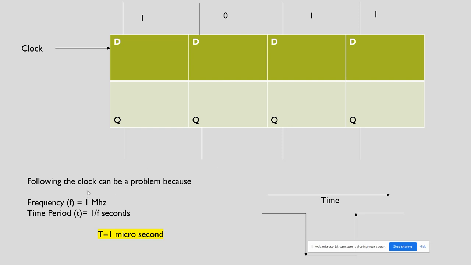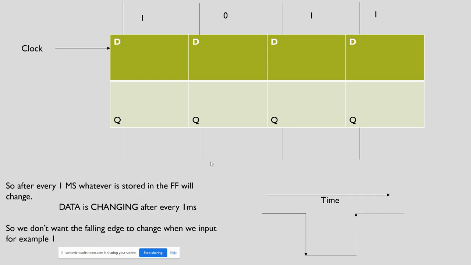Following that clock can be a problem because, with frequency equal to 1 megahertz, the time period equals 1 over frequency in seconds. So the time equals 1 microsecond.